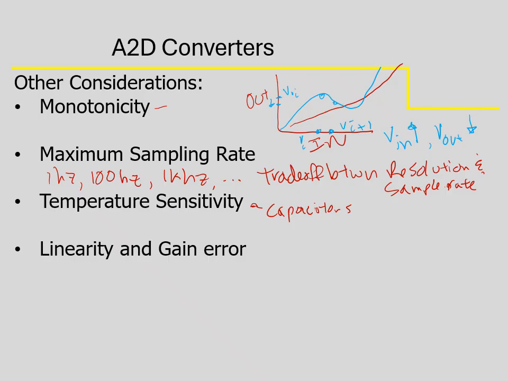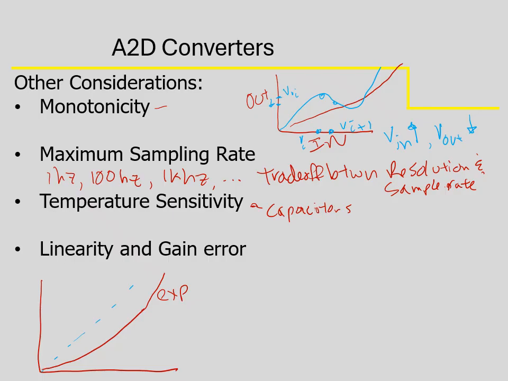Gain error and linearity are a couple different issues. So one issue I kind of alluded to up here. So linearity, you might have a system that has what looks like, so this is, I've drawn kind of like an exponential type of slope. It's not linear, right? Linear would mean a straight line.